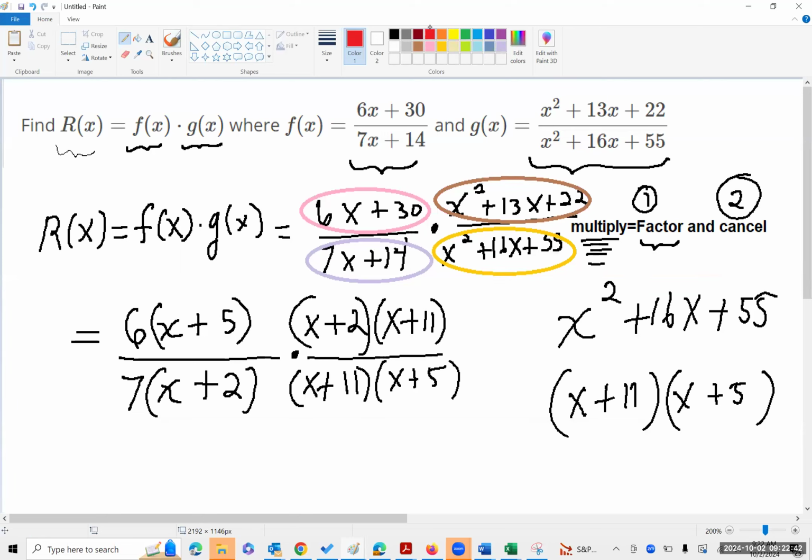So I'm going to take my red pen. Anytime you see something in the numerator and in the denominator, you can cross out both of them. And just to be able to see them, we'll use a different color. x plus 2 is gone, and then x plus 11 and x plus 11 is gone.